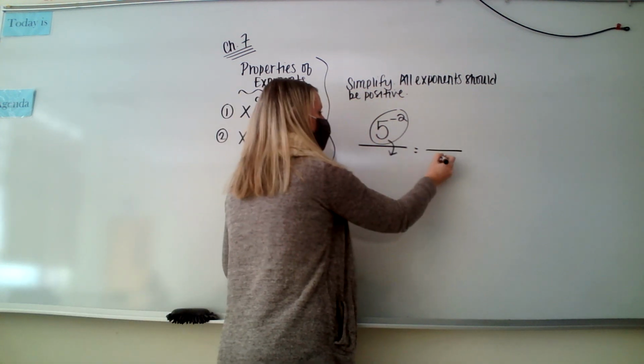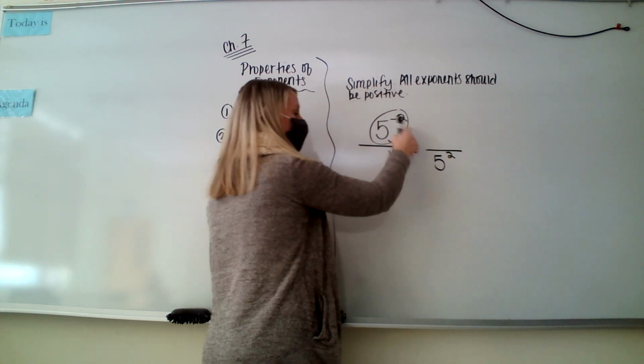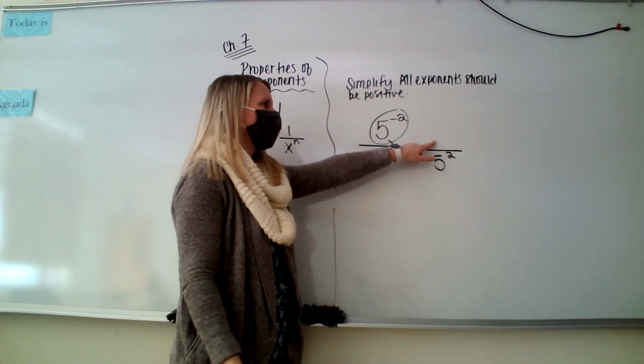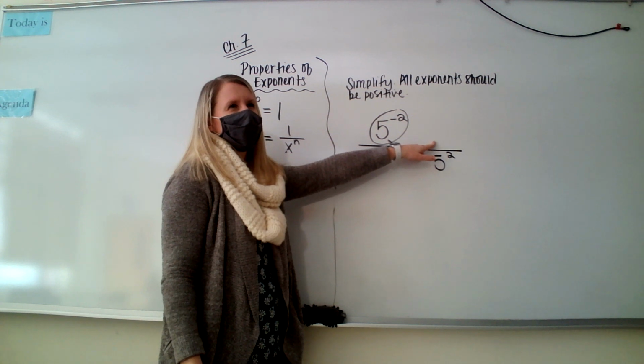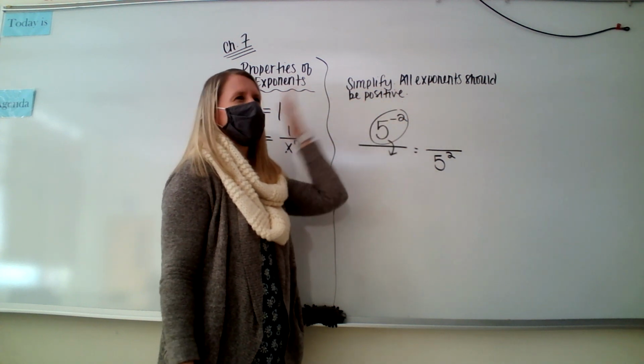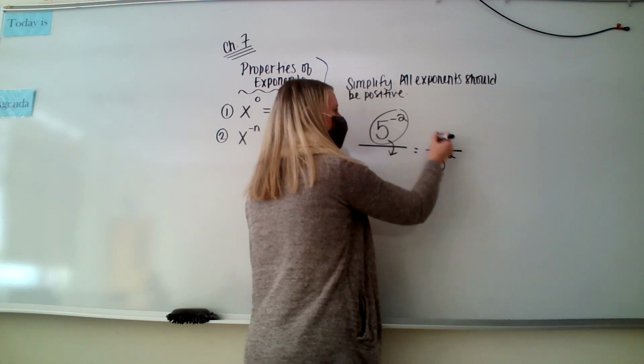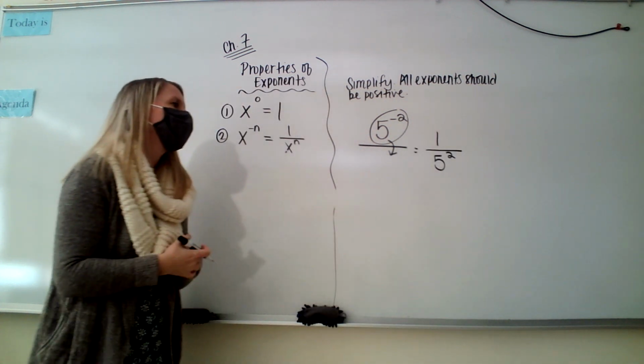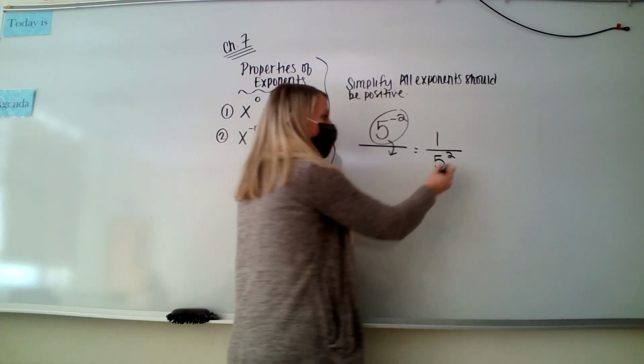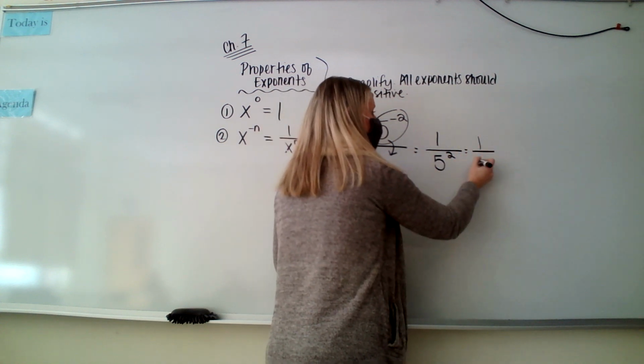That now gives me 5 squared, because when I flip it, it makes it positive. If I have nothing on the top, what should I put? 1. You never want just a blank numerator, so if there's nothing left there, you throw in a 1. And now we see, I know what 5 squared is. It's 25.